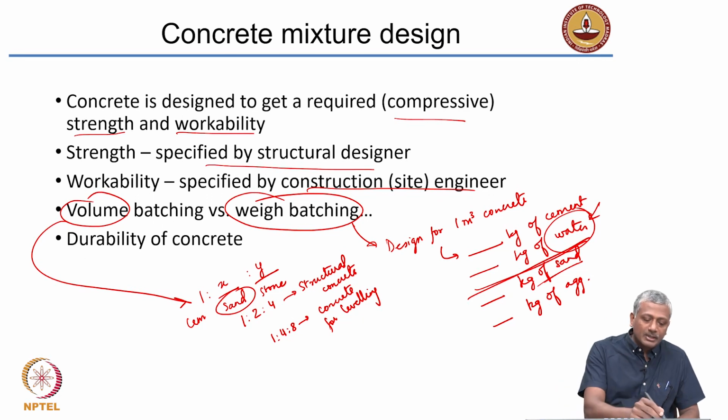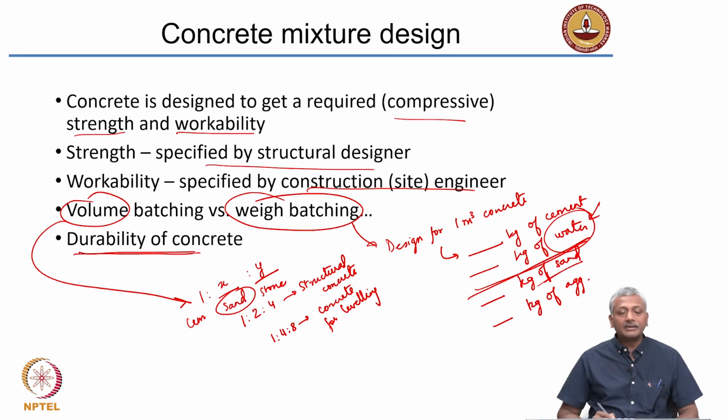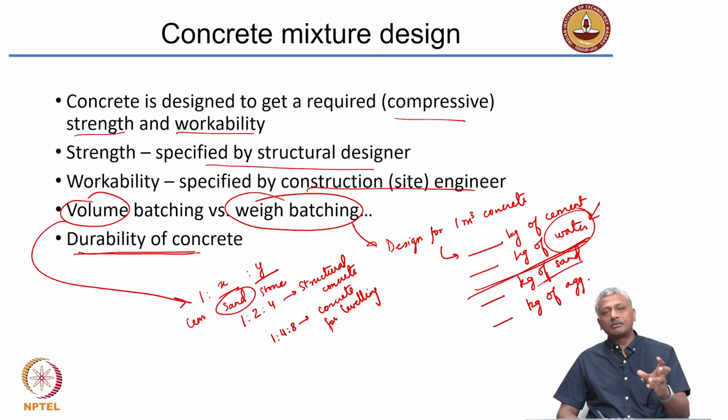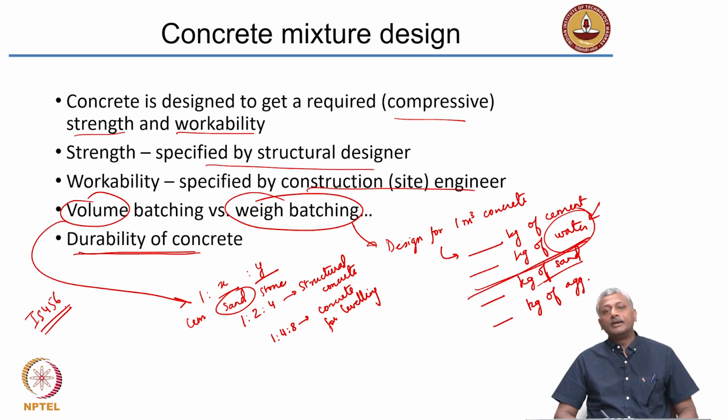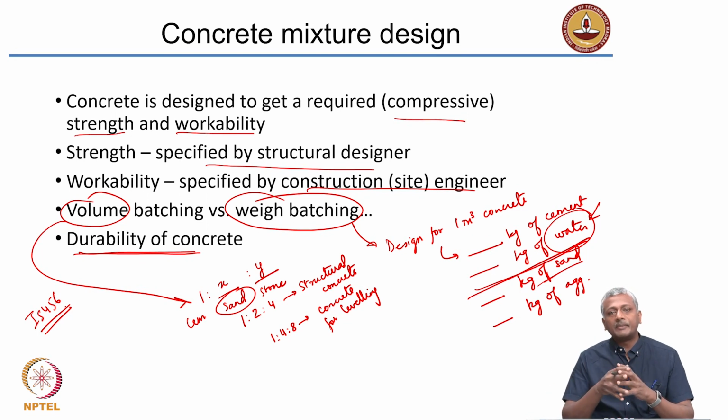Okay. Now, of course, I have not said something about durability here. I said that mostly we design the concrete for its workability and strength. Okay. But if you look at our design codes, IS 456, design code for plain and reinforced concrete, it tells you about the conditions of exposure of a concrete structure and the need to design concrete with a certain set of characteristics to match the requirements of durability in that exposure condition.